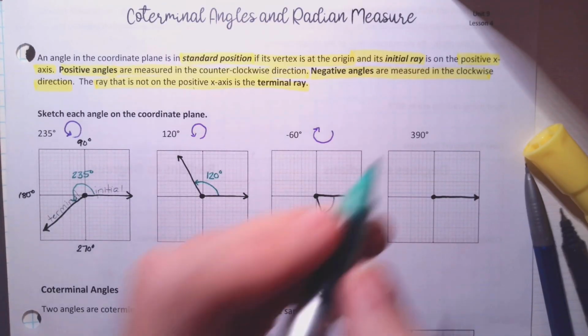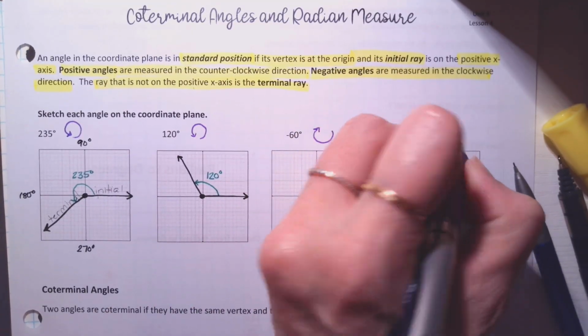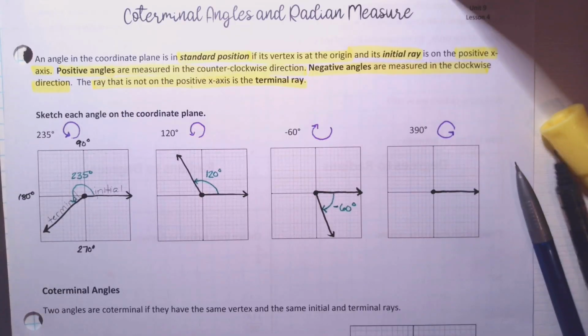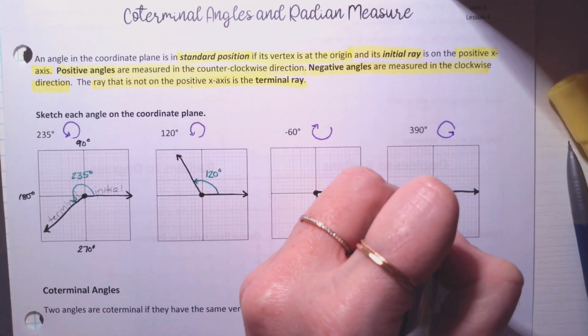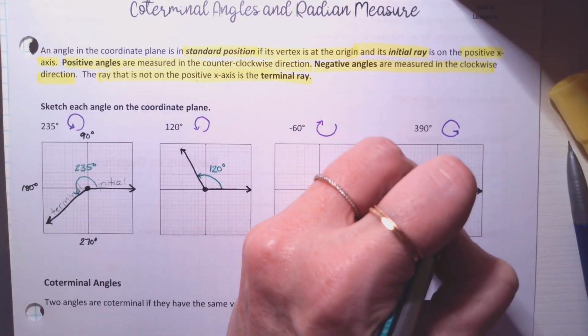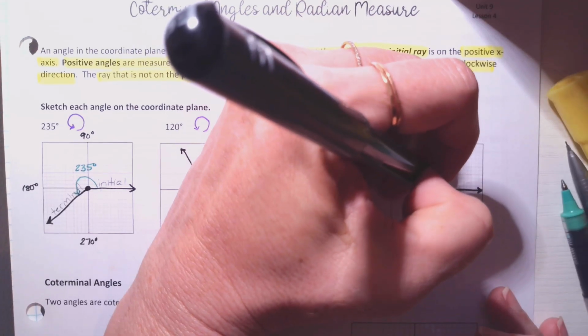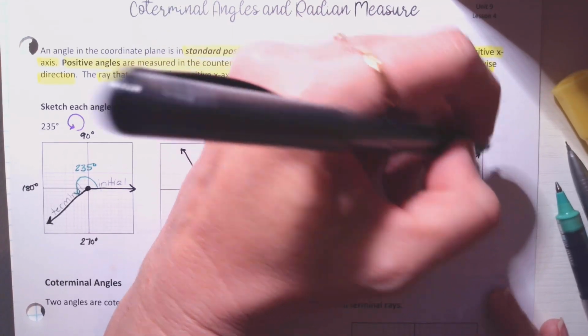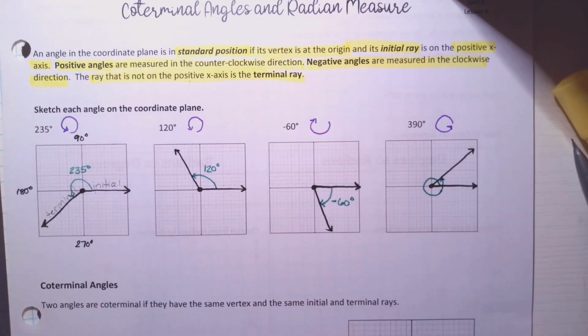But now, if it's positive, again, you are still going to go in the counterclockwise direction. But you're going to go more than all the way around. So basically, we go all the way around is 360. And then 30 more degrees would be that 390. It kind of looks like a 30-degree angle, except it went all the way around.